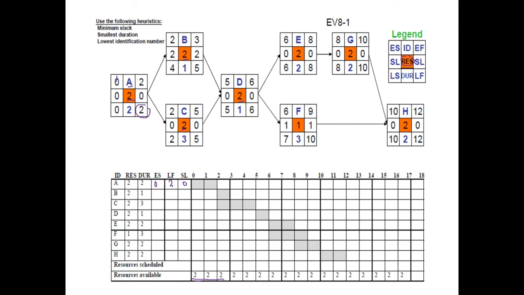For activity B, the early start is 2, the late finish time is 5, and the slack is 2, and so on and so forth. You can complete the rest. For activity C, the early start is 2, and the late finish is 5.